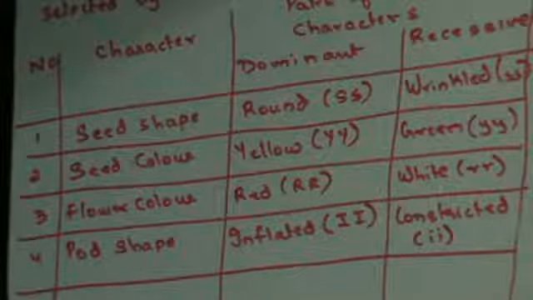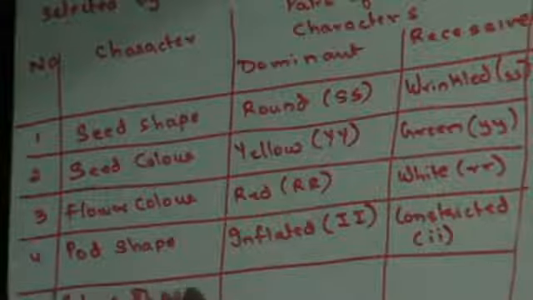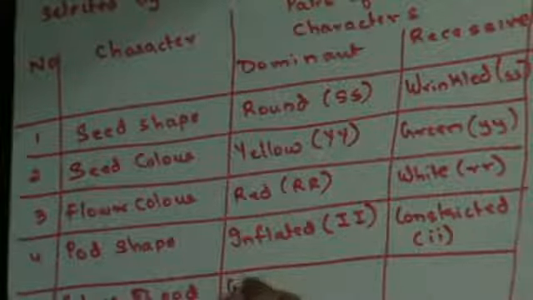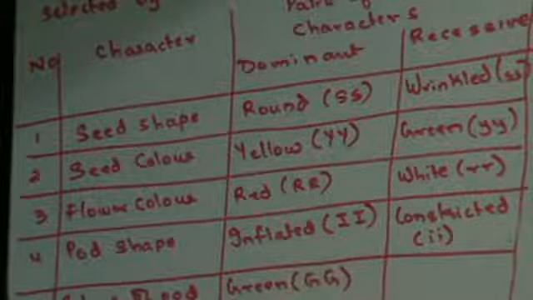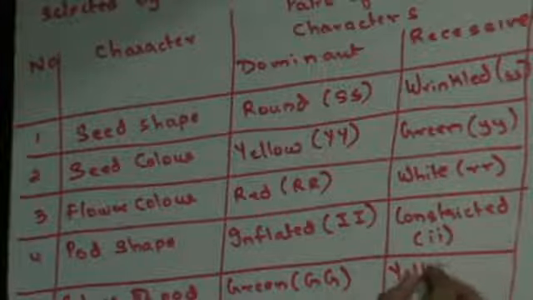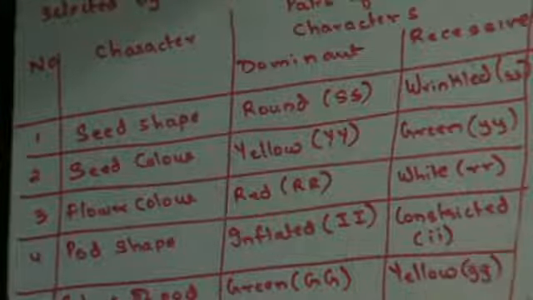Then you have color of the pod. Green, that was GG, and yellow, which was small gg.